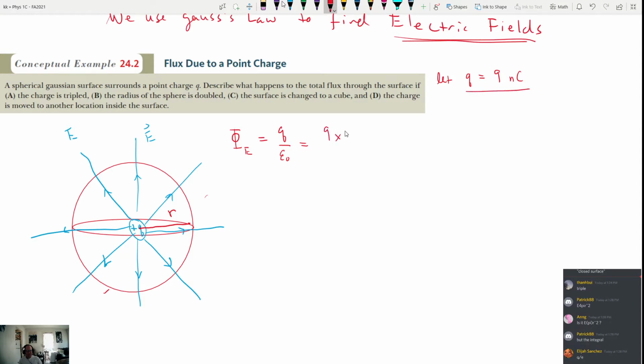That would be 9 times 10 to the negative 9 coulombs, right? You divide by epsilon naught, which is a number, right? It's 8.85 times 10 to the negative 12, and then it's coulombs squared over newton meter squared. If you plug all these in together, you're going to get about 1,000, a little more, probably like 1,200, I think.